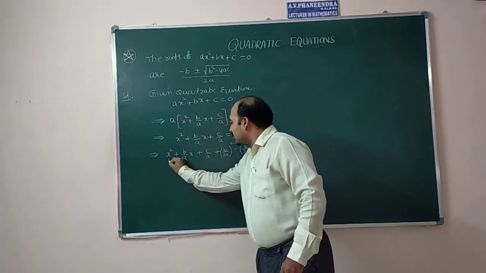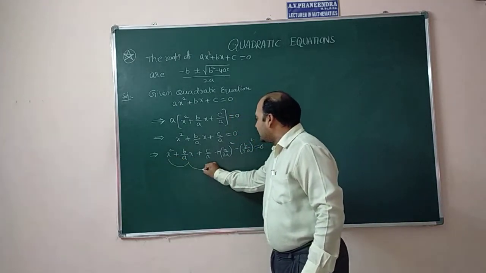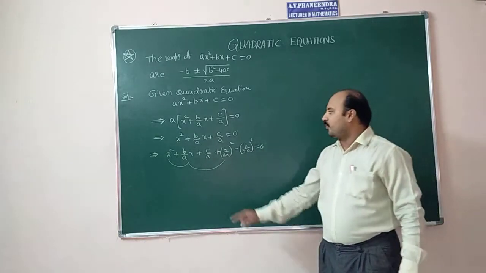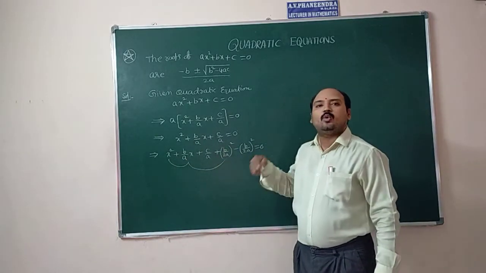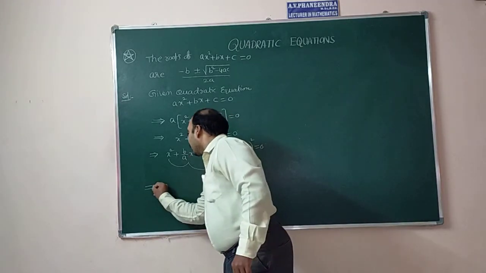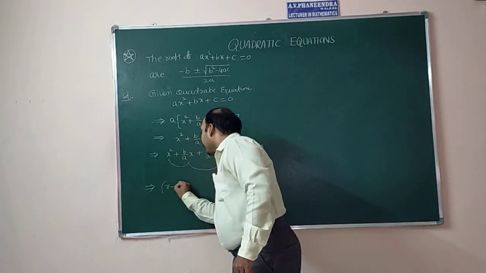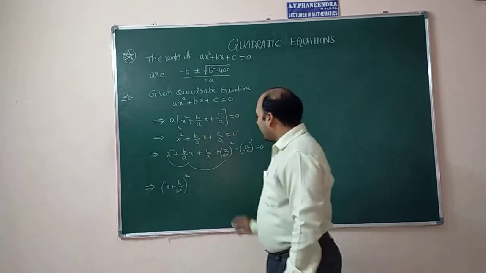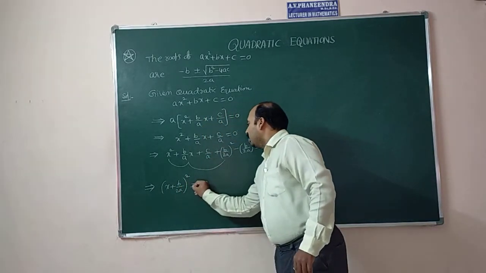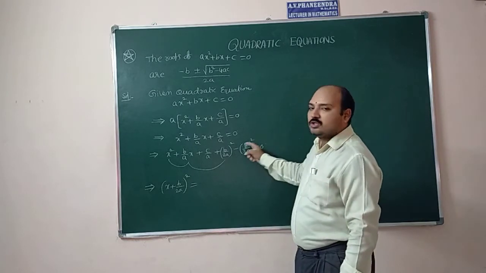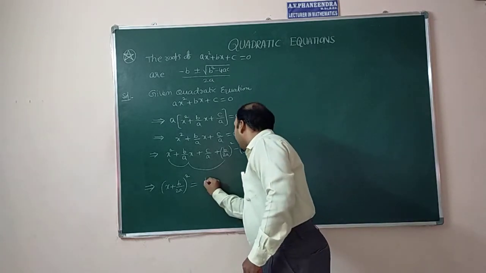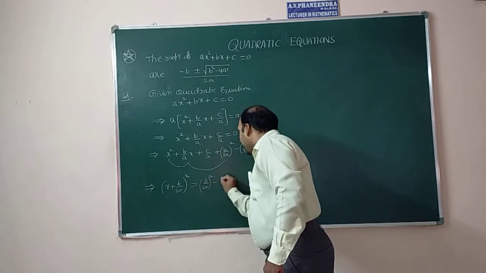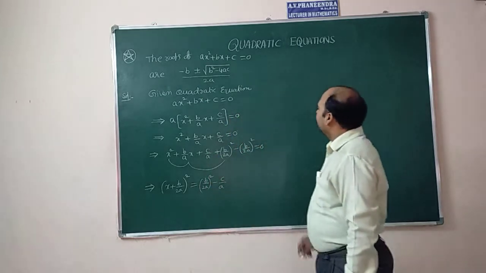Now x square plus b by a x plus b by 2a whole square is the expansion of x plus b by 2a whole square. The rest of the terms we take to the other side: minus b by 2a whole square becomes plus b by 2a whole square, and c by a becomes minus c by a.